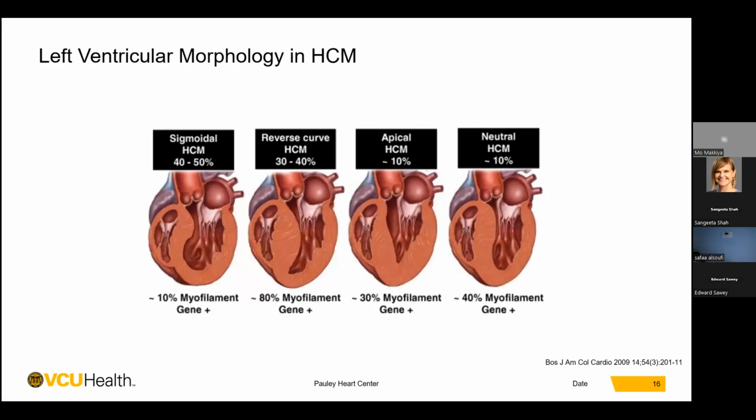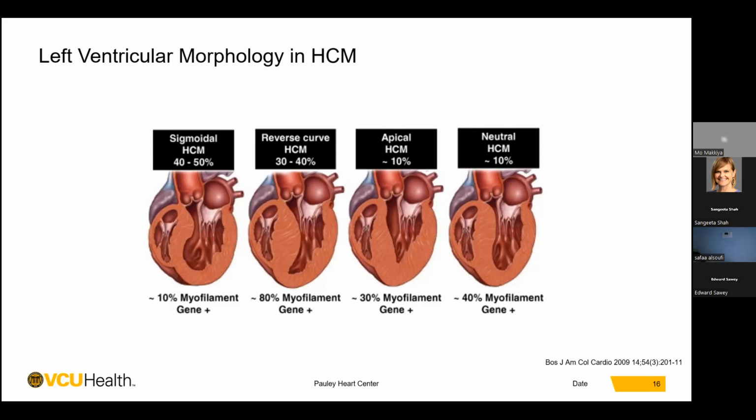So in this slide, we see the known phenotypes of hypertrophic cardiomyopathy and the importance in making that distinction and differentiating the different phenotypes. On the left, we have the most common type, which is the sigmoid septal hypertrophy, which makes about 50% of hypertrophic cardiomyopathy phenotypes.